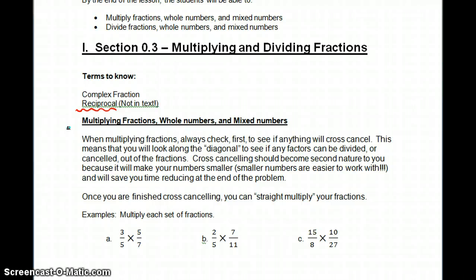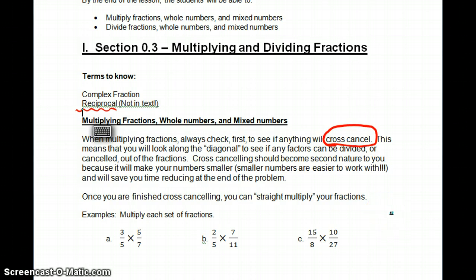So one of the main things that I want you to know before we start talking about multiplying fractions is that your very first step should always be to check to see if anything is going to cross cancel.